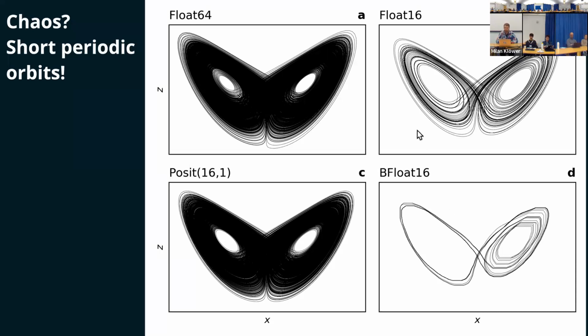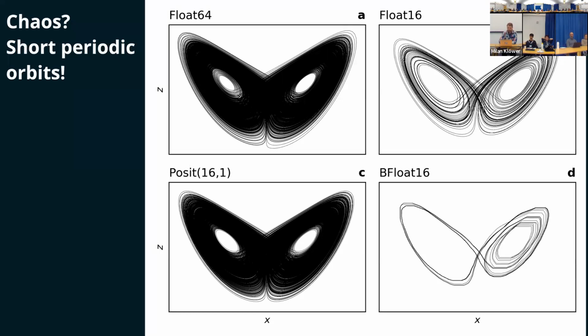Once you use very low precision, you actually reduce the dimensionality of the attractor, and you end up with fairly short periodic orbits where it just keeps doing the same thing because there are not enough states it can be in. Technically, you're rounding the trajectory back onto the same trajectory you were on before, because you can't resolve with enough precision the divergence or the shadowing of one orbit to the next.